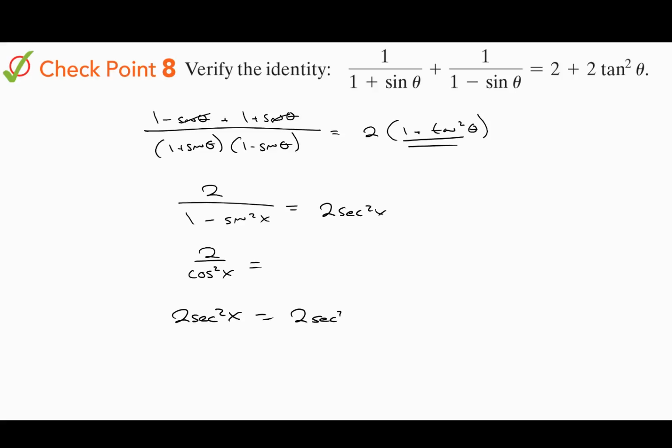So, and I changed everything to an x, even though it should be theta. Sorry. Okay. But again, we'd still use the same technique of working with the left side and the right side, but you don't have to, right? You could have said, okay, secant squared, I can change that to 1 plus the tangent squared.